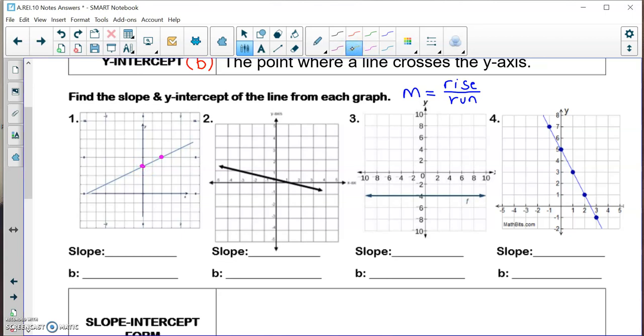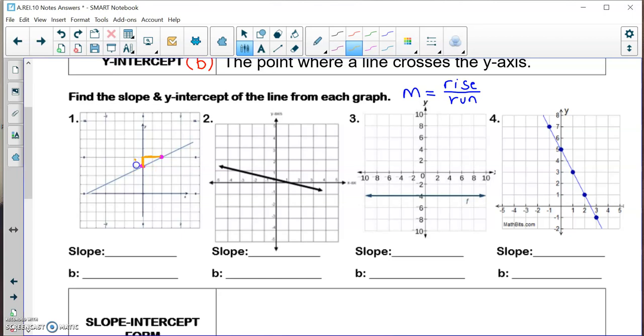I'm going to start at the bottom point. And we're going to do rise, which means I'm going to go vertically up. So now I'm even with my other pink point. And then I'm going to draw a line for my run, which is horizontally, to meet my other pink point. Now, I went up 1.